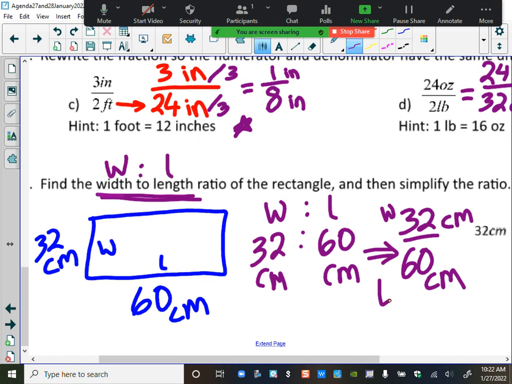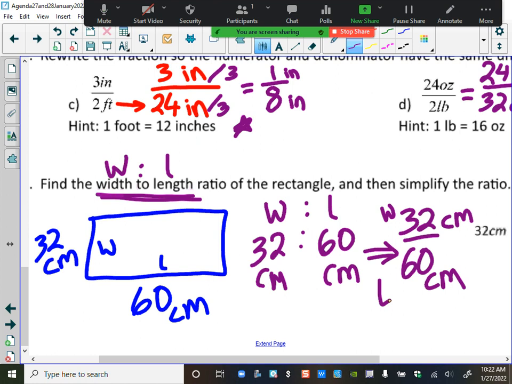We have to first figure out what number can we divide both 32 and 60 by to get whole number results. So that's something to think about.